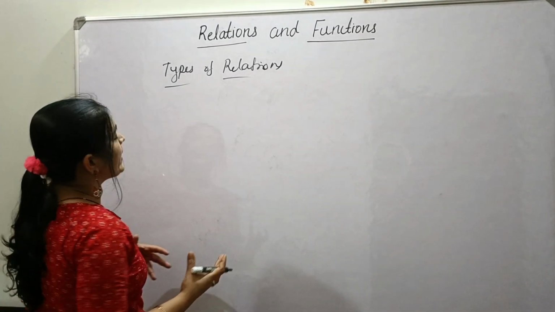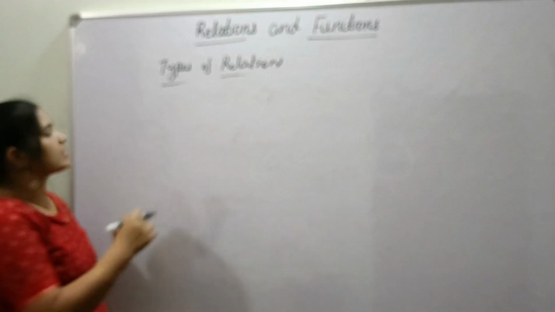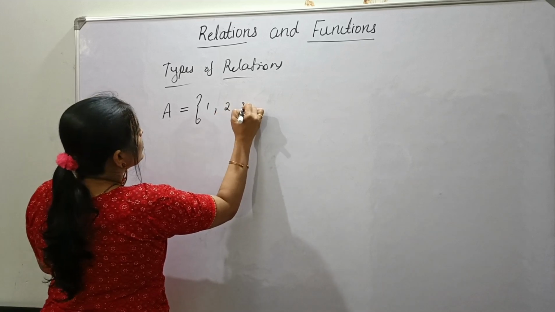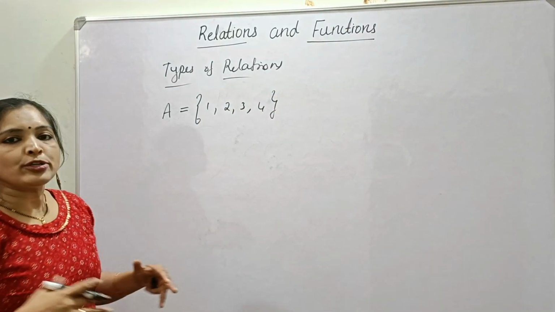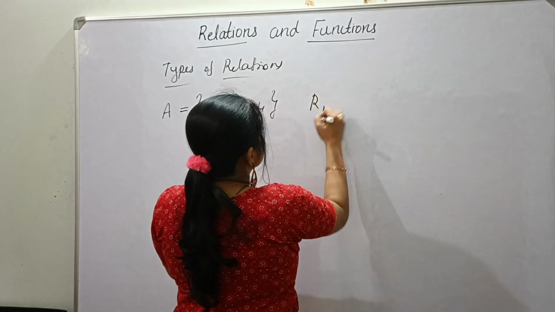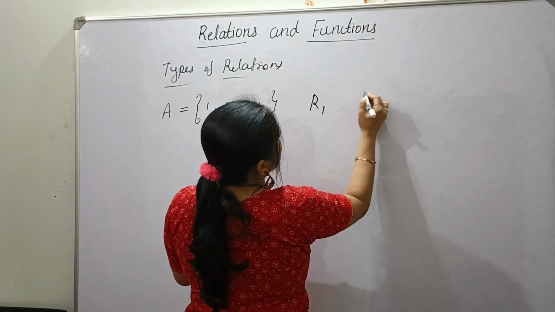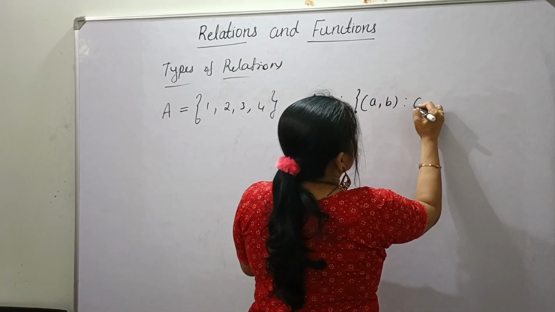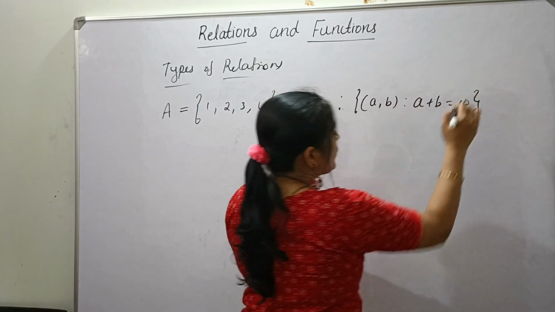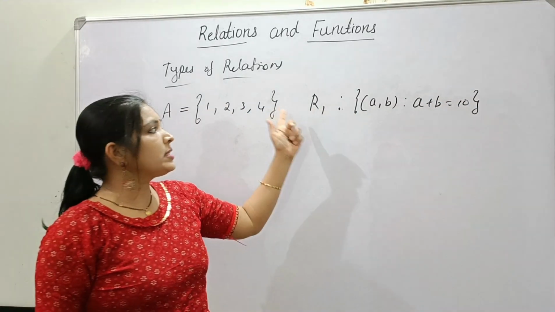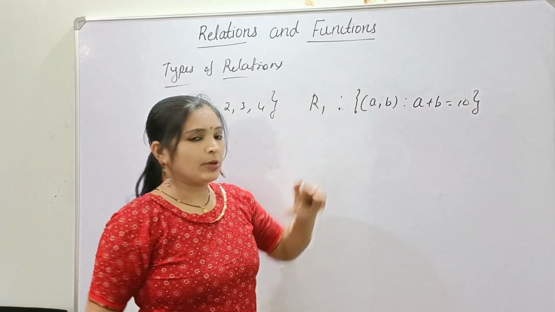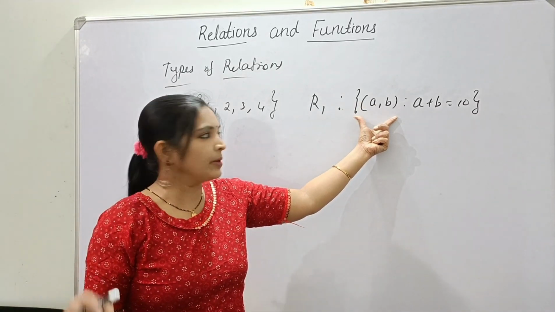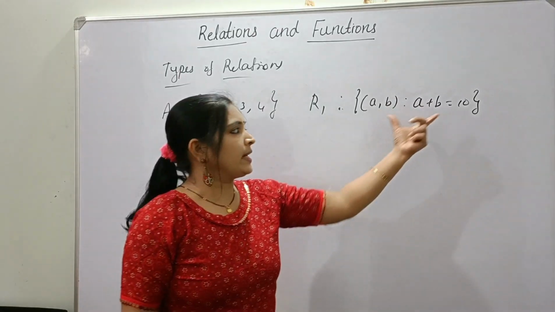Let us take an example for empty relation and universal relation. Let A = {1, 2, 3, 4}, and define two relations. R1 is the set of ordered pairs (a, b) such that a + b = 10. That is the condition.